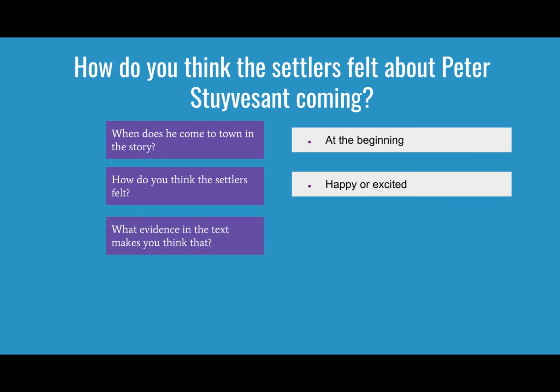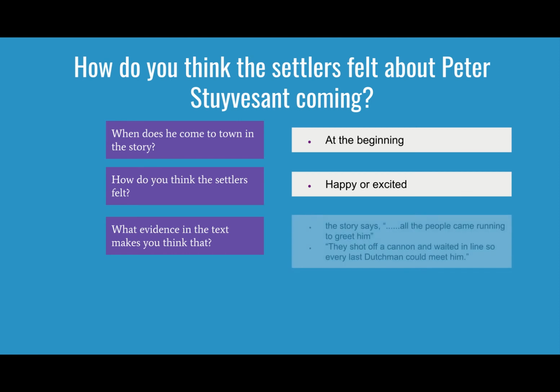But what evidence in the text makes you think that? What part did you hear? What kind of words did they say? Was there a sentence that showed that? And so from the story, the text said, "All the people came running to greet him. They shot off a cannon and waited in line so every last Dutchman could meet him."